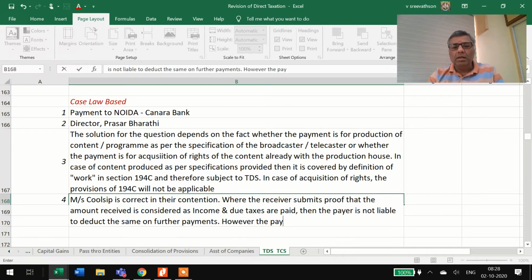However, the payer has to bear the interest liability.